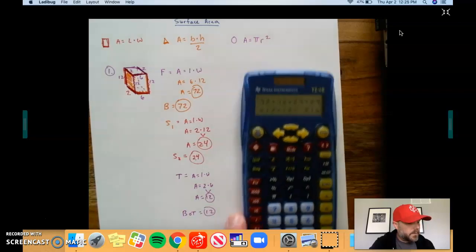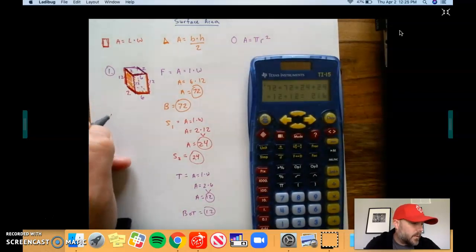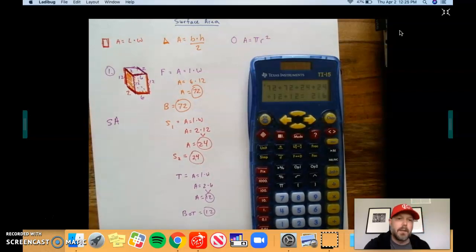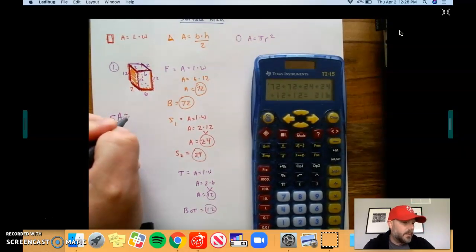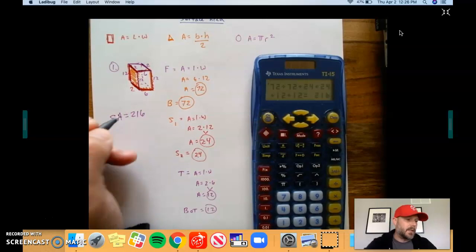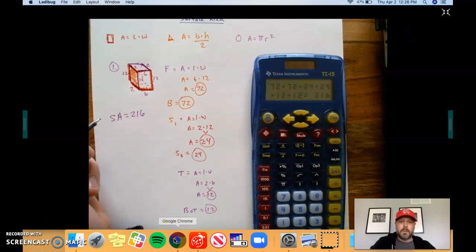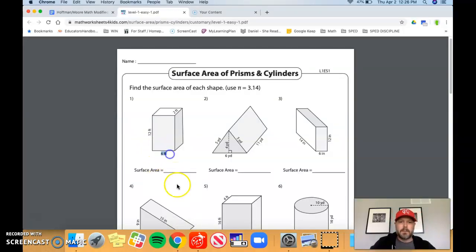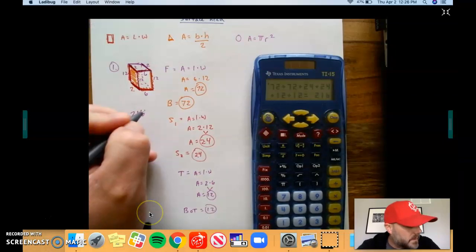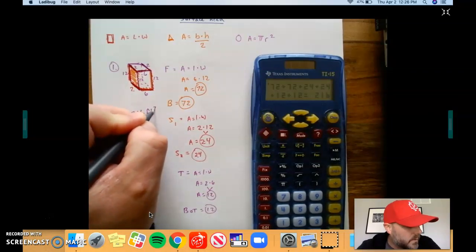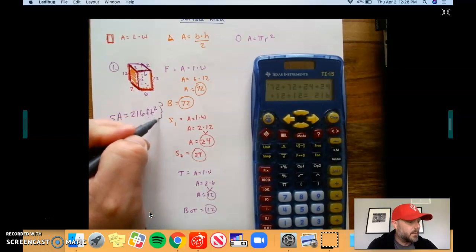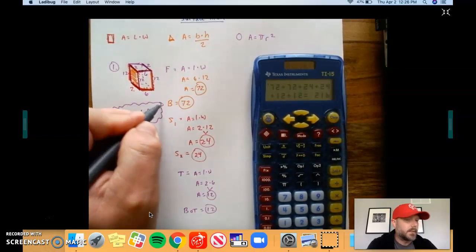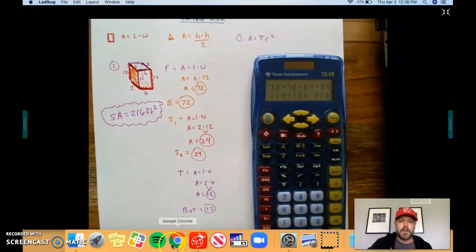And that equals 216. So surface area, SA, for this shape is 216. And if you remember, this was in feet. So 216 feet squared. This is my final answer, okay?